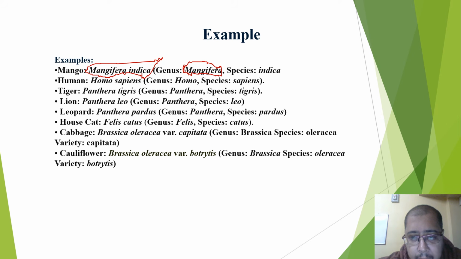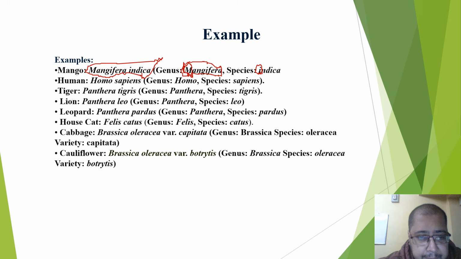Also note that in Mangifera, M is capital. That is, the genus always starts with a capital letter. Whereas in case of the specific epithet, the species, indica starts with a small i.